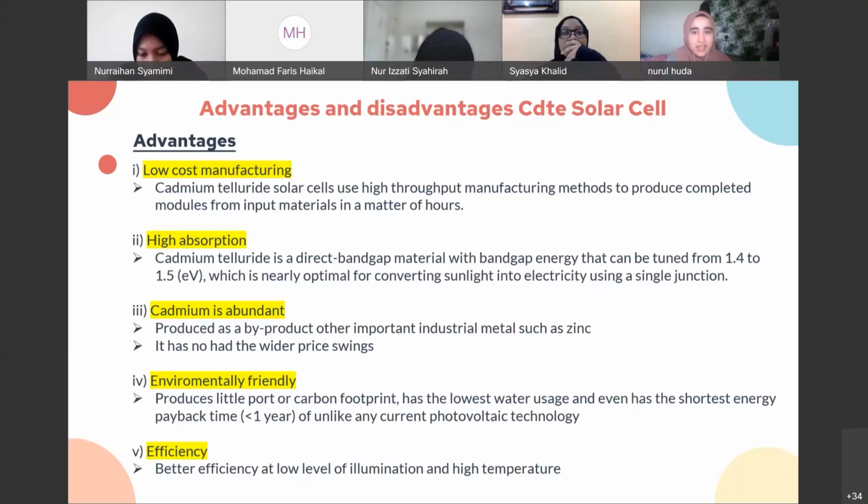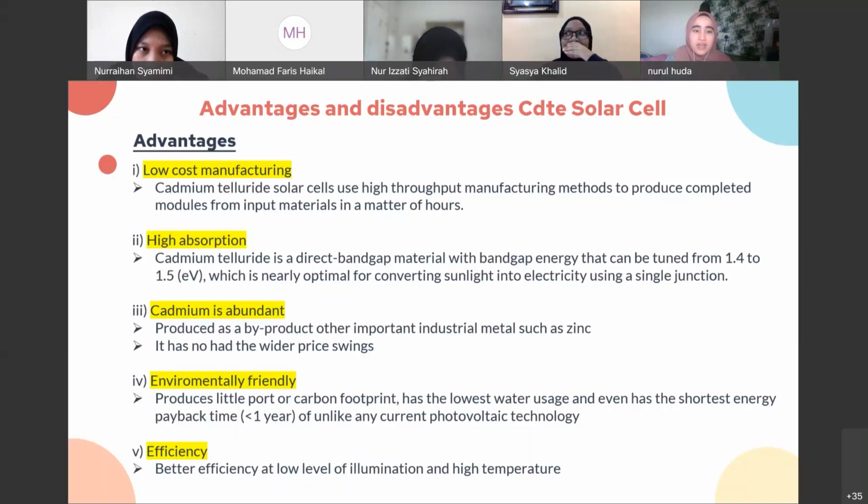Next, they also have high absorption, because cadmium telluride is a direct band gap material with band gap energy that can be tuned from 1.4 to 1.5 eV, which is nearly optimal for converting sunlight into electricity using a single junction.